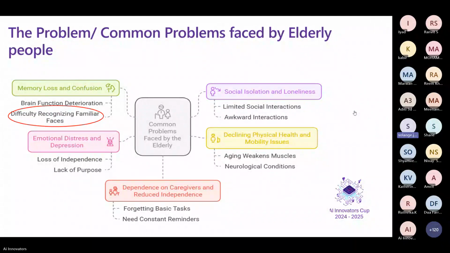Now, let's deep dive into why they are facing these problems. And we go ahead and list them. And then we select the one that resonates more with us, and we feel that we can do something in that regard. For me, I can do something about difficulty recognizing familiar faces. So I need to create an application with the support of AI that will help in recognizing familiar faces.